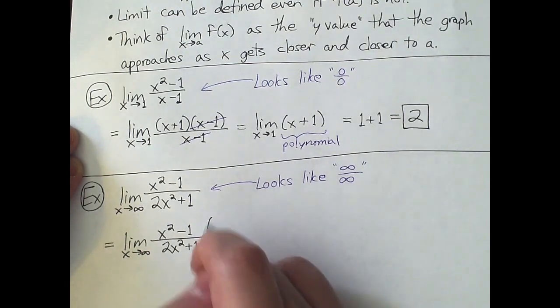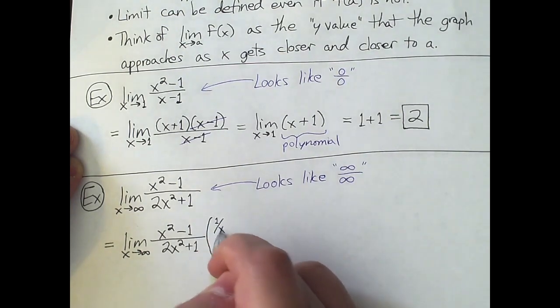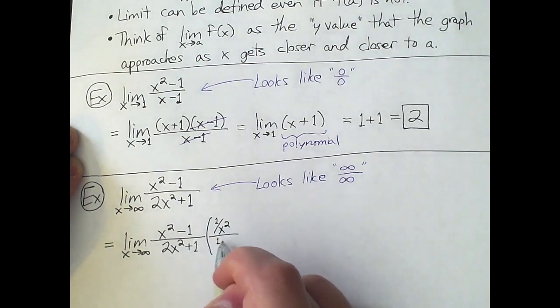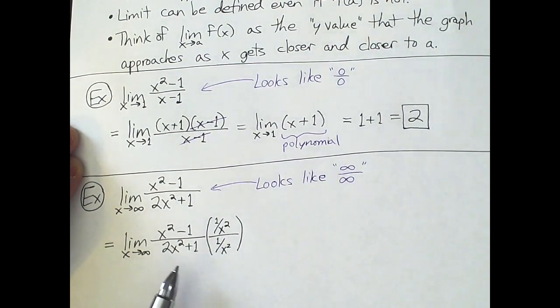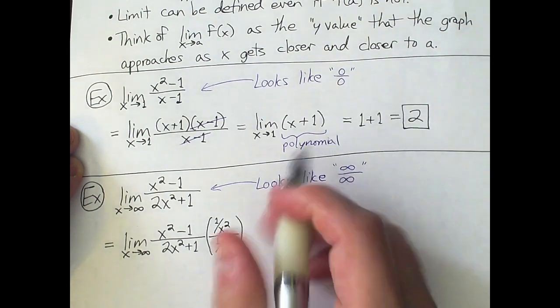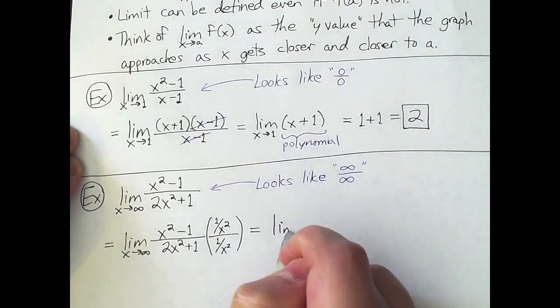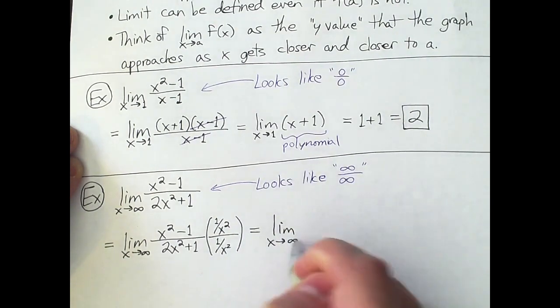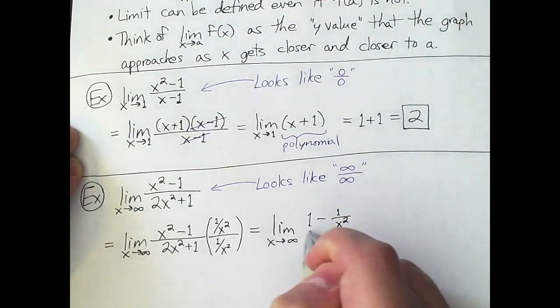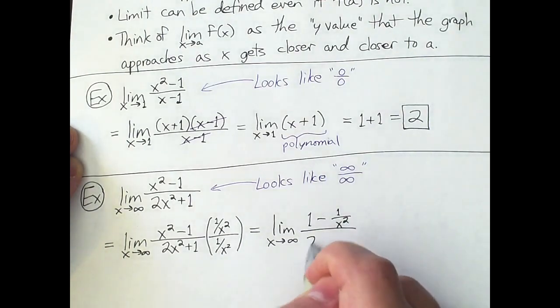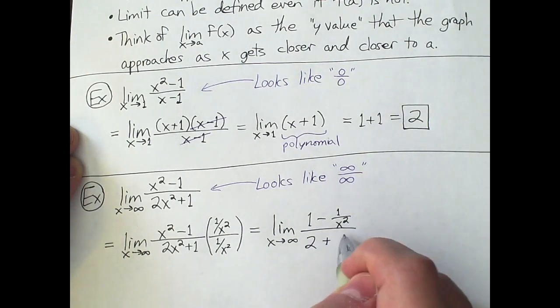It's because you could use algebra, multiply by something over itself. If you multiply by 1 over x squared over 1 over x squared, you get this. I think we did something like this just for one example back in that lesson.